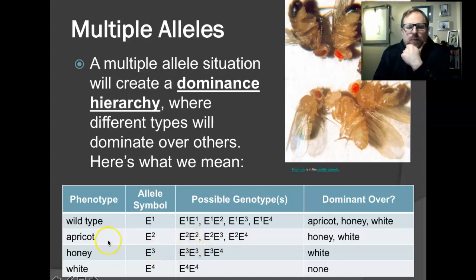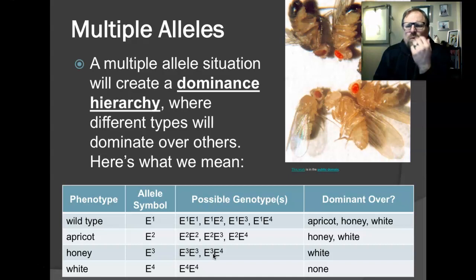And then apricot's dominant to honey, but honey is dominant to white. So the only possibility of getting a white-eyed individual is if you have 2 of the E4 alleles. You've got E4 alleles in each of these cases here, but it's being overruled by one of the other alleles in that case. So I hope that makes a little bit of sense.